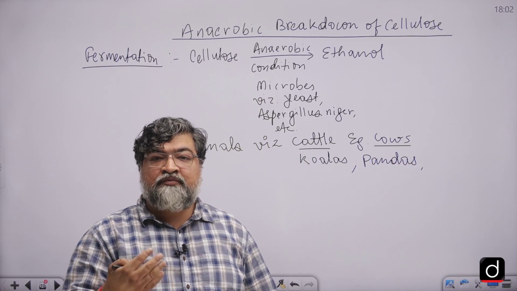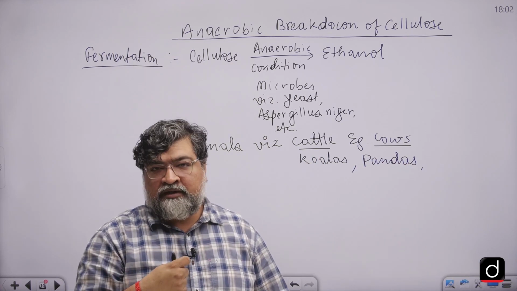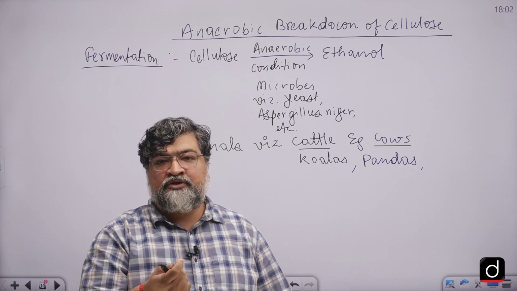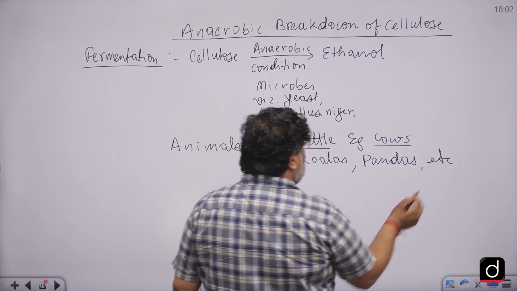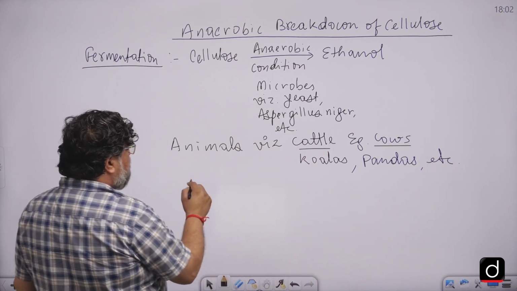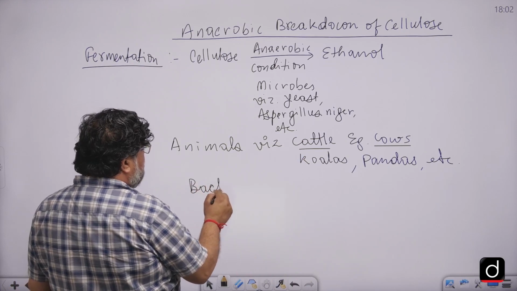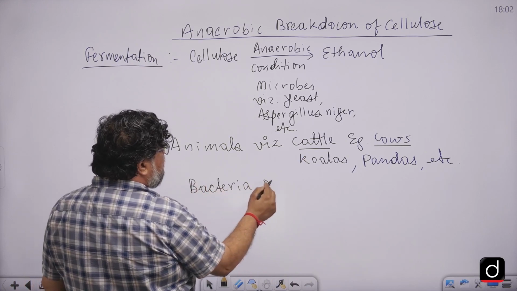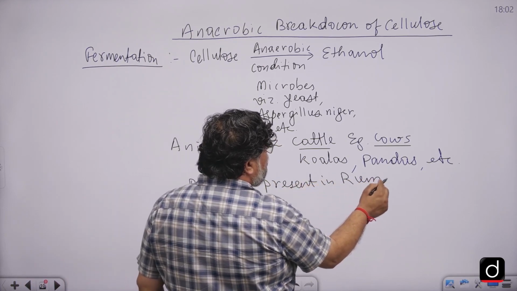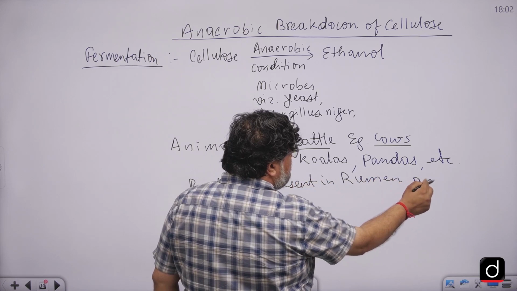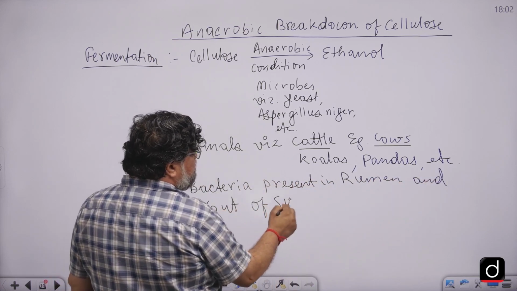Now those animals which feed on plant material are herbivorous in nature. What happens is that they have bacteria present in the rumen, like in cattle, and in the gut of such animals.